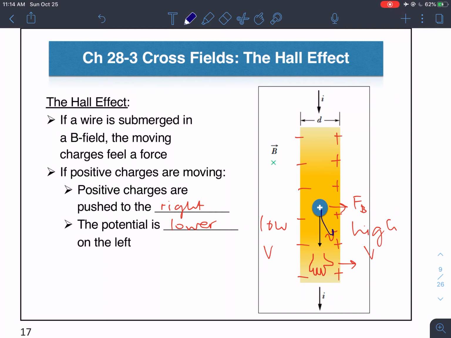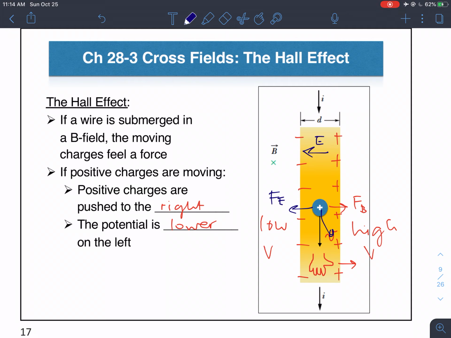In this case, the positive charge is being pushed to the right side like that. So that's why we said the magnetic force is to the right. And then this is going to create an electric field. In this case, the E field is going to be from left to right. And the force on this charge due to the electric field is going to be also along the electric field, because this charge is positive. So when do we reach an equilibrium?